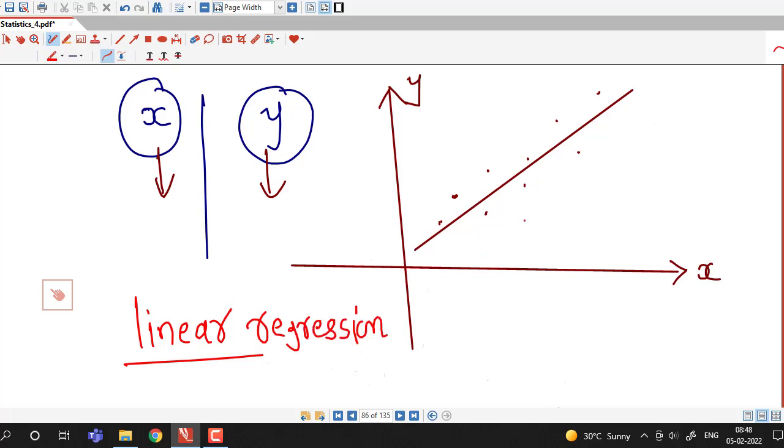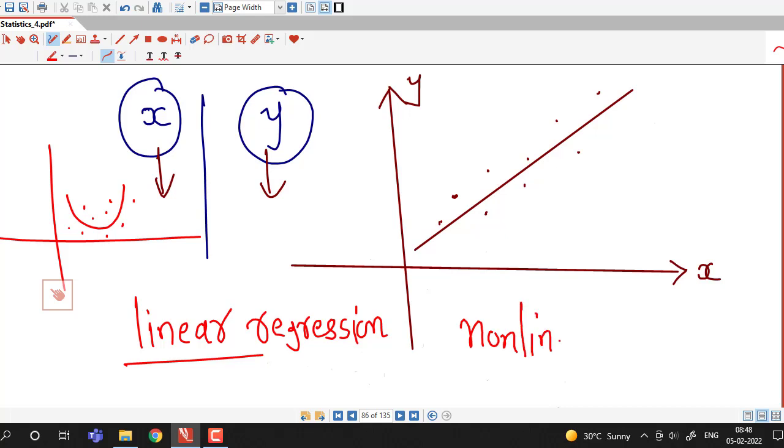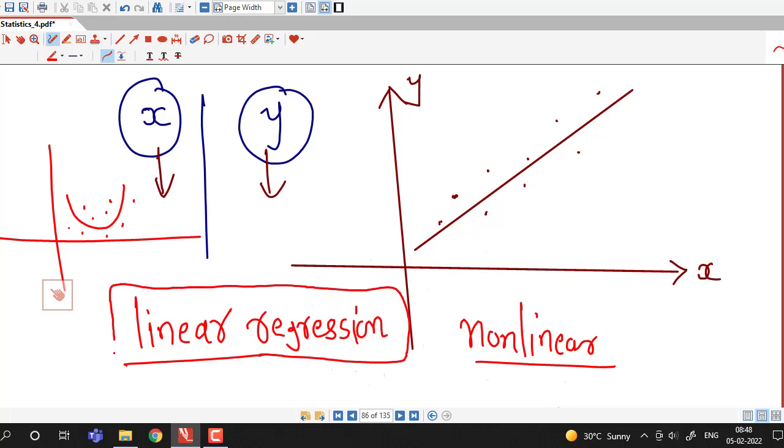If the curve which all these points tend to go near is a straight line, then regression is linear. But if the curve is not a straight line, suppose we have this type of non-linear graph, and the points in the scatter diagram tend to go towards this type of curve, then we can say that regression is non-linear regression. So in our course we are going to study linear regression.